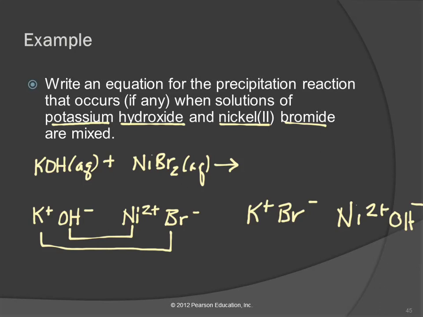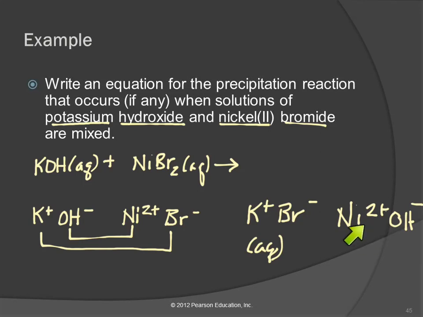Now, occasionally it'll save you a little time if you check out their solubilities first. So if we go to the table and we look up potassium compounds, we see that compounds containing potassium are generally soluble and there are no exceptions. So this one we know is aqueous.